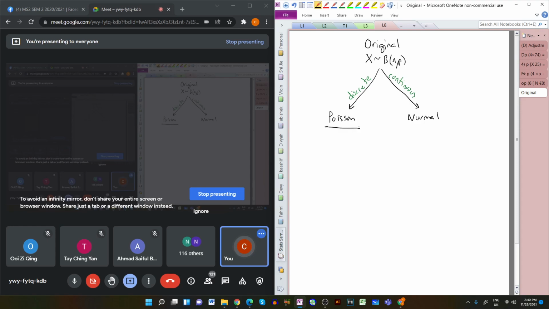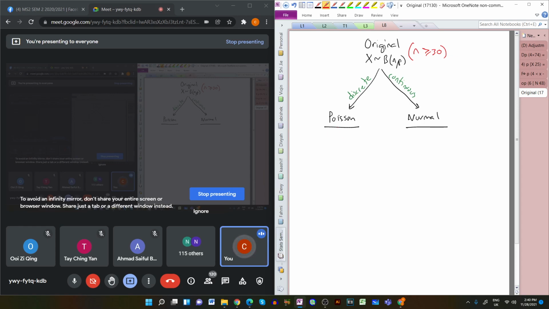For you to approximate with any one of them, Poisson or normal, you have to make sure that first of all n must be greater or equal to 30. If n is less than 30, you cannot approximate normally.